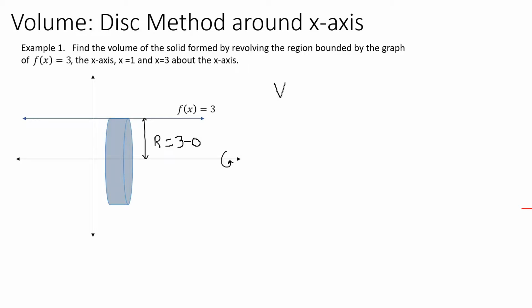So our volume will equal pi times the integral of 1 to 3. Since you're finding the volume from 1 to 3, our radius being 3, squared, dx.